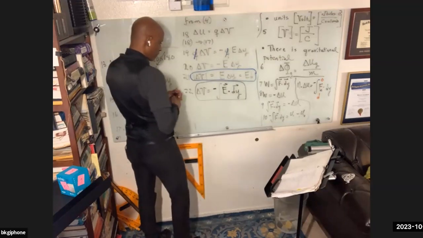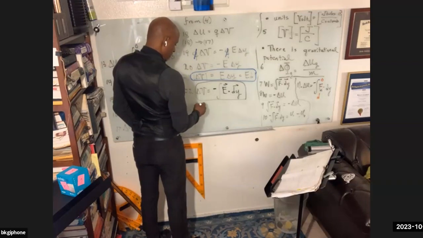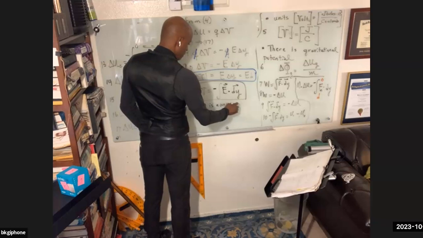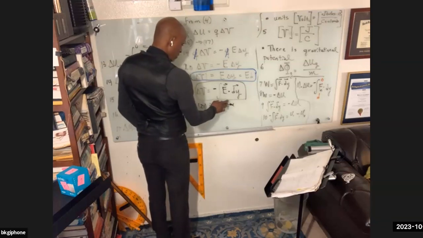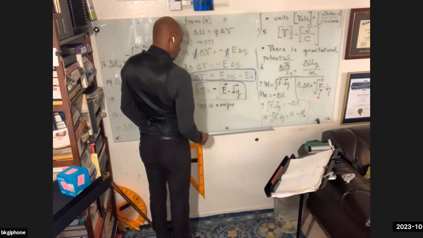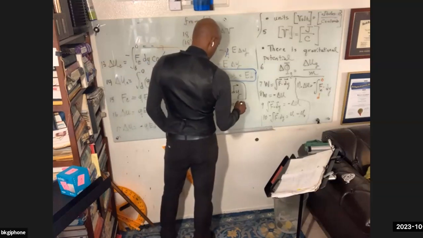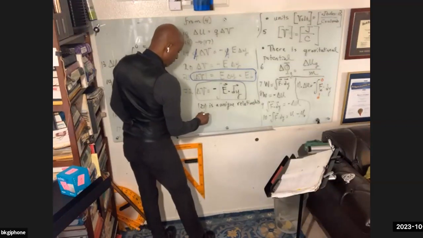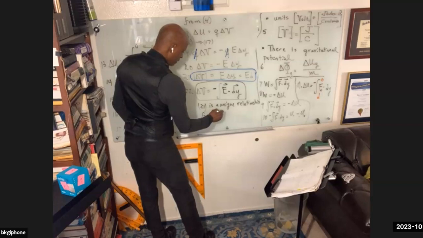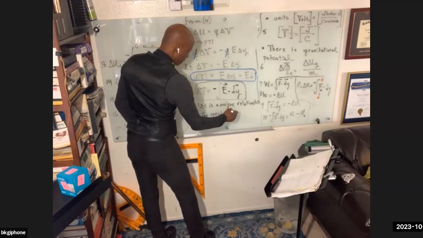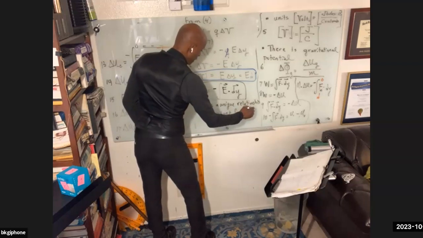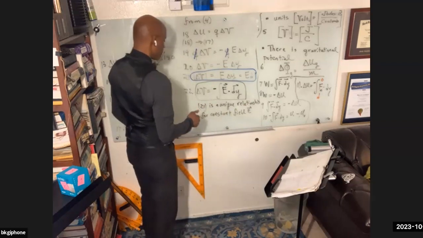And I'll say that here. 21 is a unique relationship for constant E. And E is constant in a capacitor plate, as I showed you.